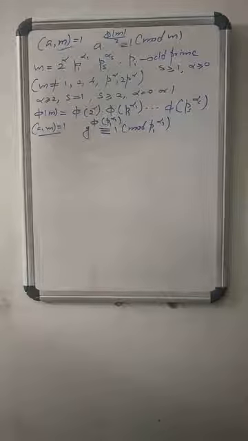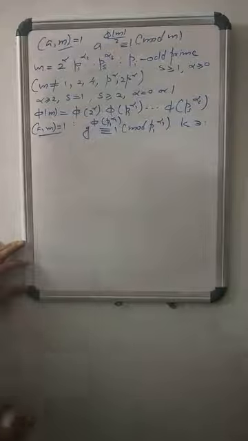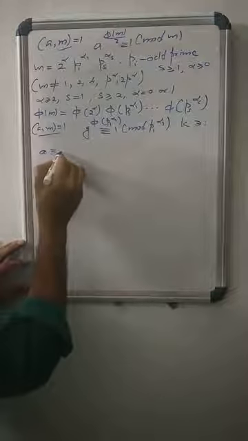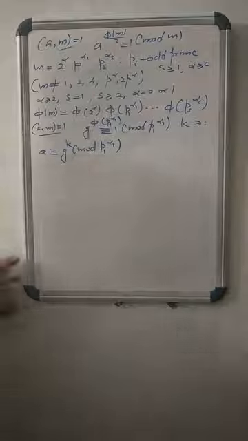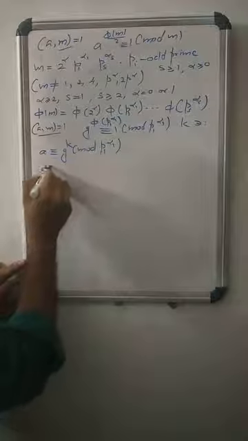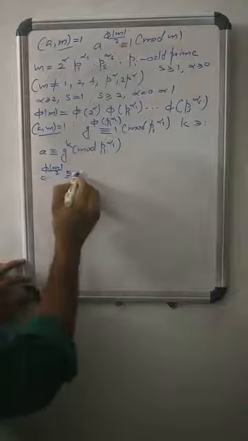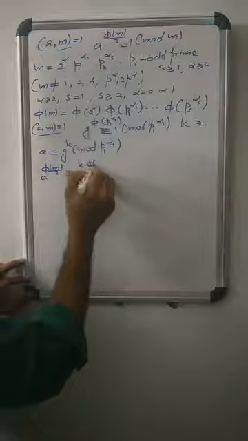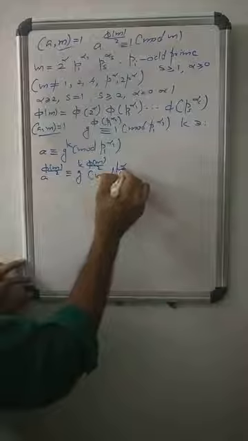And you can choose k such that a is congruent to g power k mod p1 power alpha 1. Therefore, what about a power phi m by 2? A power phi m by 2 is congruent to g power k into phi m by 2 mod p1 power alpha 1.